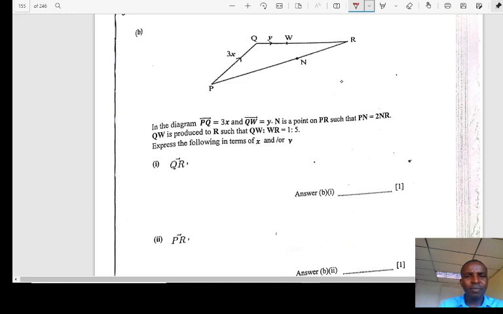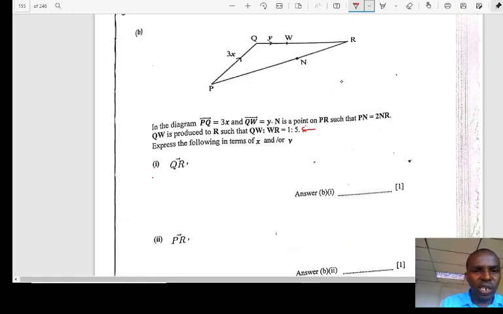Then QR here in this case, right, let's check. We're given that QW is equal to WR, so you can use that one to find QR.